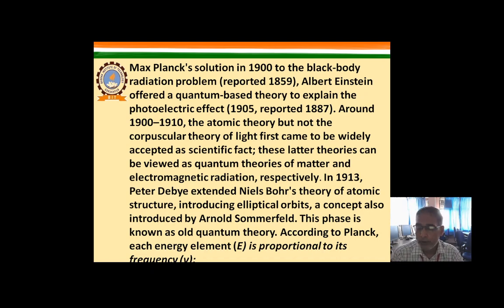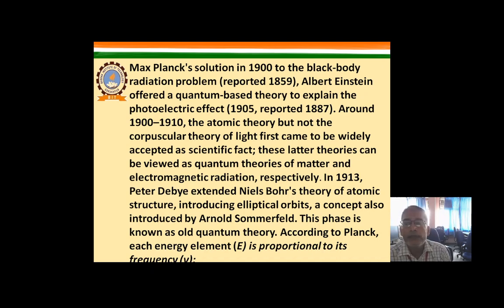Now the Planck theory. Max Planck's solution in 1900 to the black body radiation problem, reported 1859. Albert Einstein offered a quantum-based theory to explain the photoelectric effect in 1905. Around 1900 to 1910, the atomic theory, but not the corpuscular theory of light, first came to be widely accepted as scientific fact.